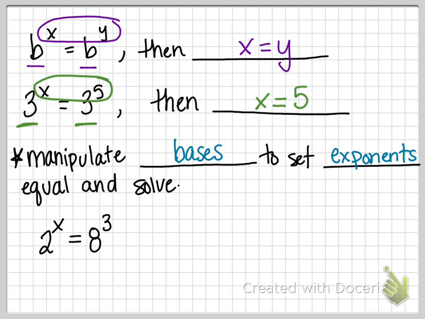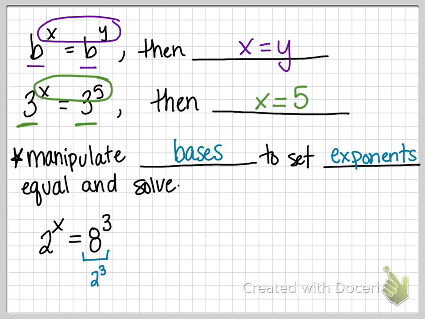So you have to be good at your powers, so that we can change bases to have different bases with exponents. For example, 2 to the x equals 8 to the 3rd. We need to solve for x. The way we are going to do this is by changing 8 to have a base of 2. How could we rewrite 8 with a base of 2? 2 to the 3rd. 8 is the same as 2 to the 3rd, right? 2 times 2 times 2 is 8.